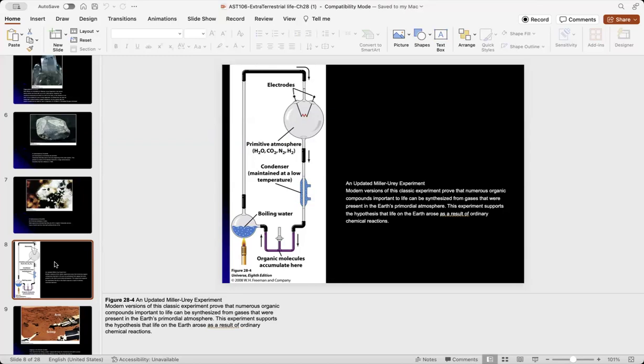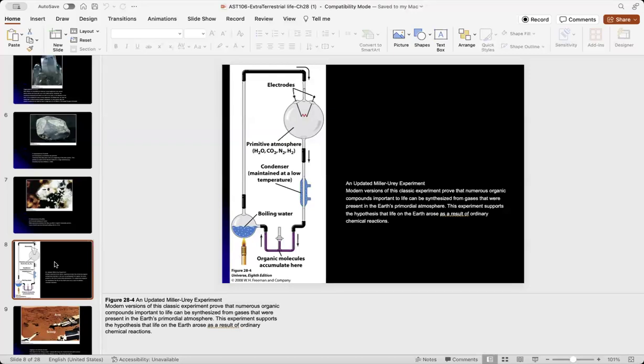These are the substances that are known to have been present in extensive amounts in the early atmosphere of the Earth, and then it is subjected to electric sparks, which would be like the lightning that would have been also present quite a bit in the early Earth, and that we know that those happen.